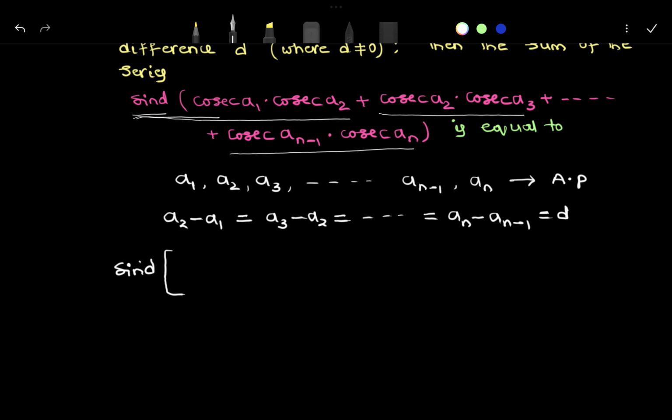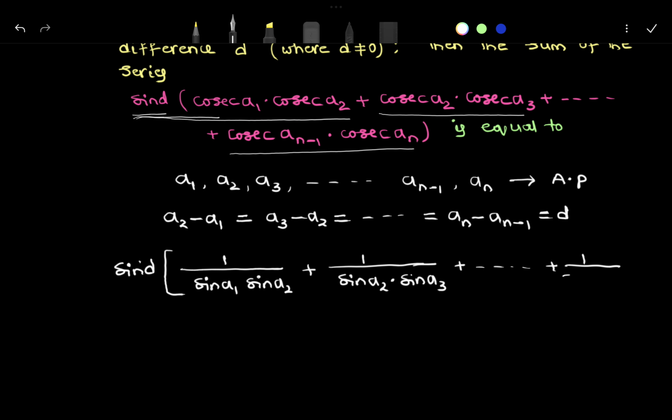You can write that as 1 by sin a1 into sin a2, plus 1 by sin a2 into sin a3, plus and so on, plus 1 by sin of an minus 1 into sin of an. Now this is the given expression.